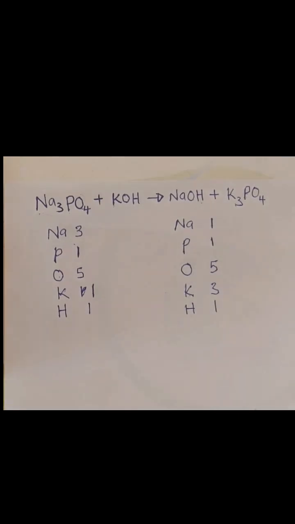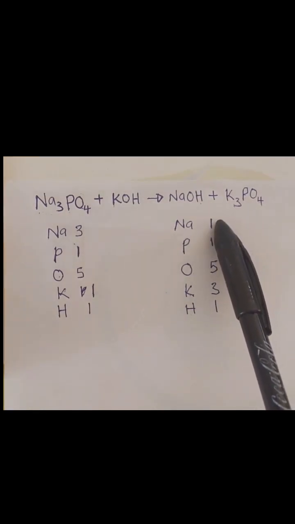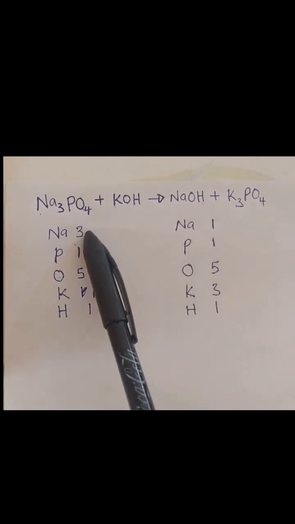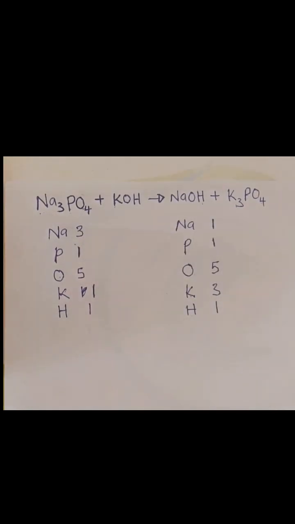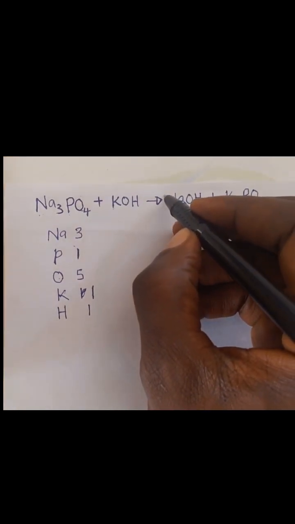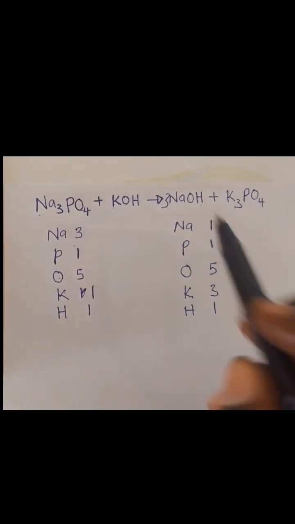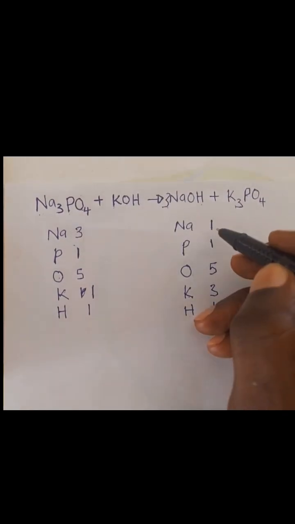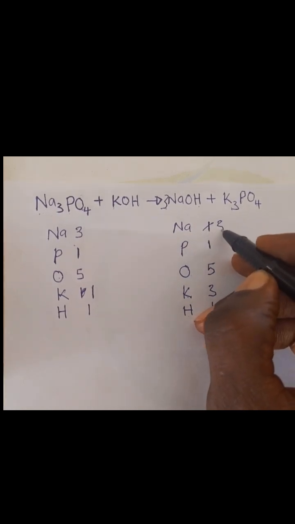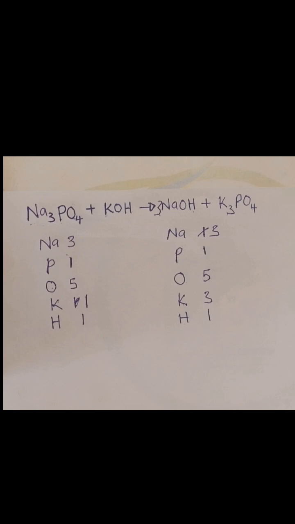Okay. Now looking at this, you can notice that sodium has 1 atom on the right side and 3 on the left. So to balance that, you go to where sodium is and place a 3 in front of it. Now, putting this 3 here has caused the sodium to change from 1 to 3. And also, notice what happens.